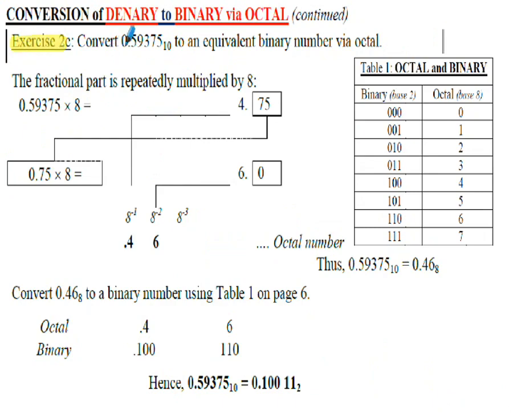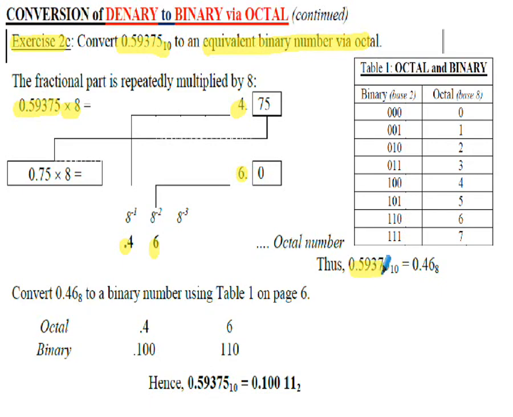Exercise 2c, we're asked to convert 0.59375 in base 10 to the equivalent binary number via octal. In this case, we take the fractional number given and continually multiply it by 8, reading the integer numbers as the octal number.